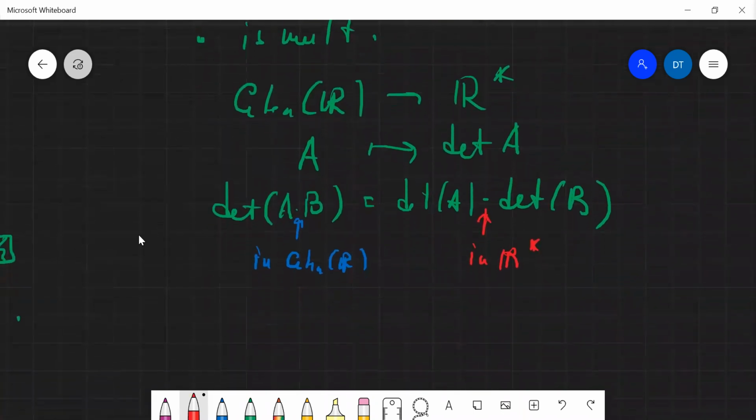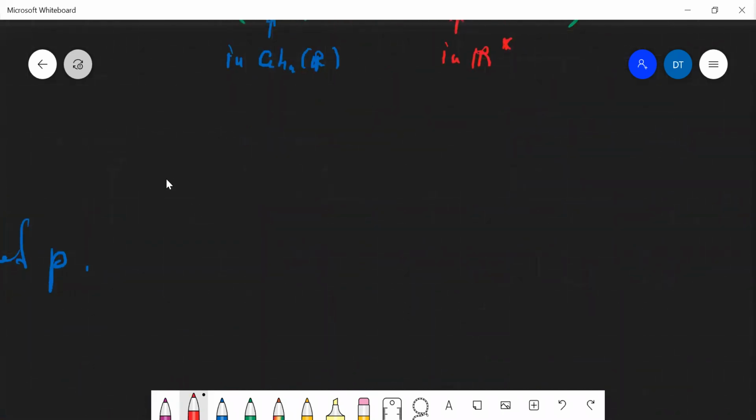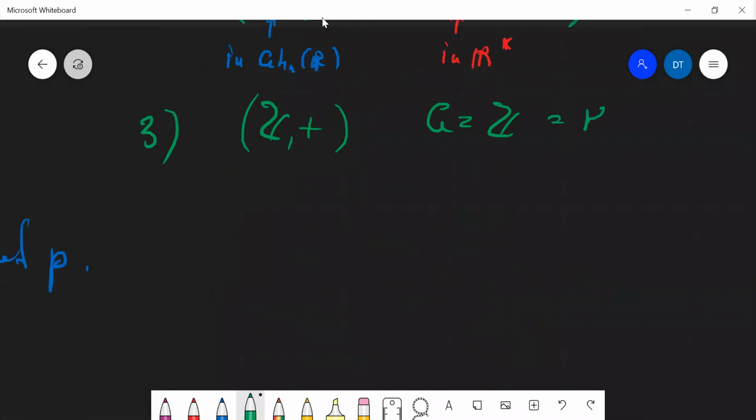And let me give you another example with an additive notation. So example number 3: if you take Z with addition as a group G, and let's say H to be also the group Z with addition, then a map, let's say phi_k, where k is some fixed integer.